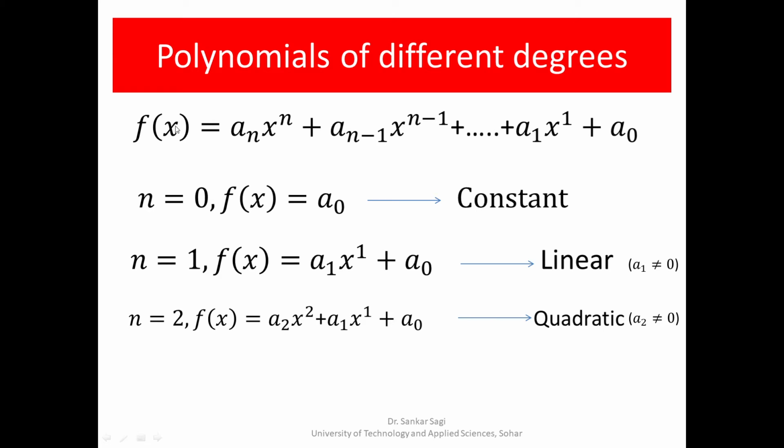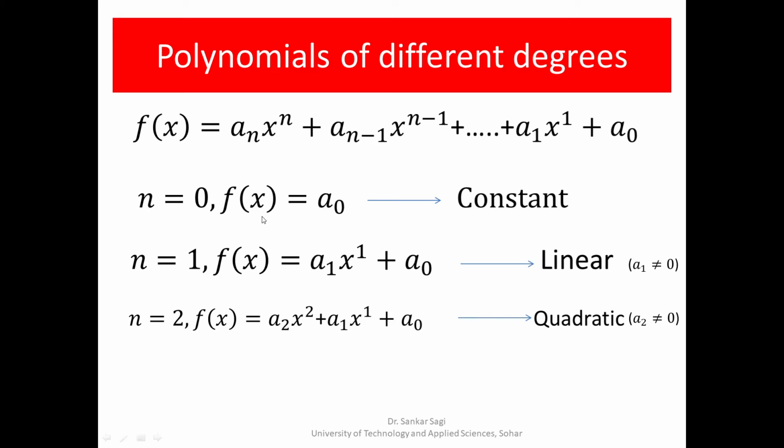That means f(x) will be simply a_0. So a_0 is a constant, as we have seen before. When the polynomial of degree 0 is taken, it is nothing but a constant. So a polynomial of degree 0 is a constant, and this is called a constant function.